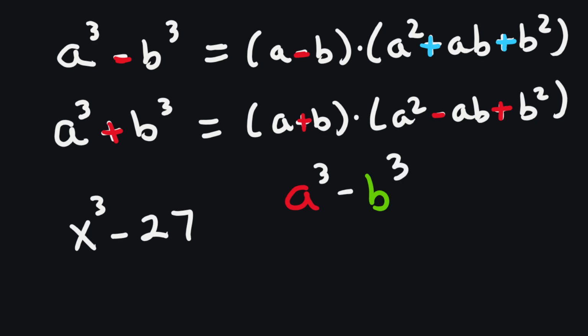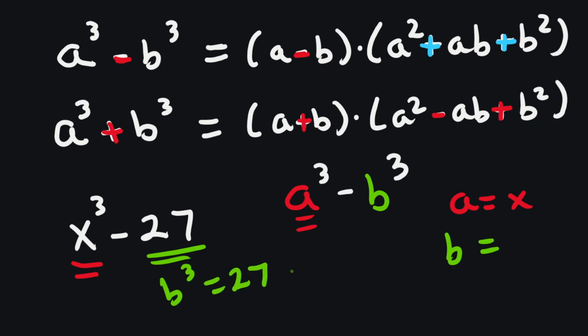So what is a in this case? A in this case is this x. So x cubed, in other words, a is x. So a equals x. And what is b equal to? Well, we know that this entire term right here, this is b cubed. So b cubed equals 27. So what does b equal? Since b cubed is 27, we can take the cube root of both sides.